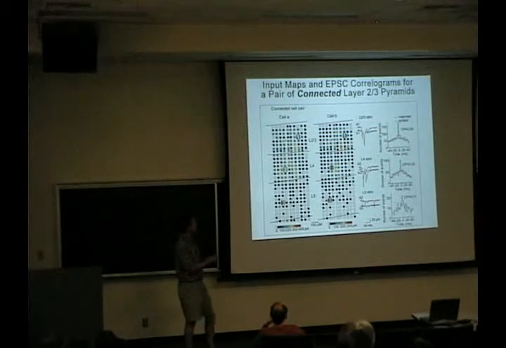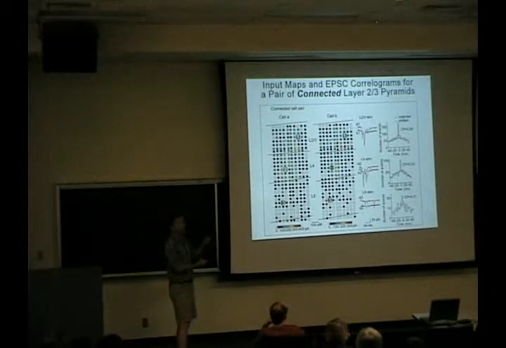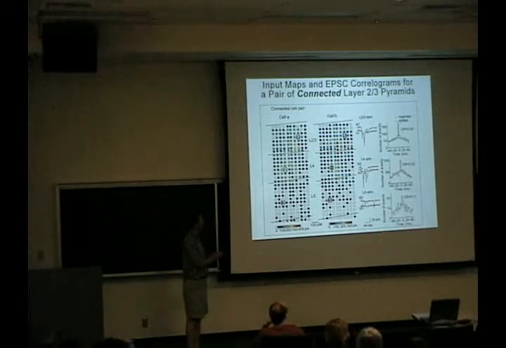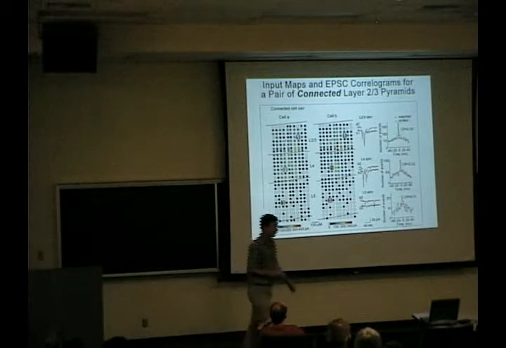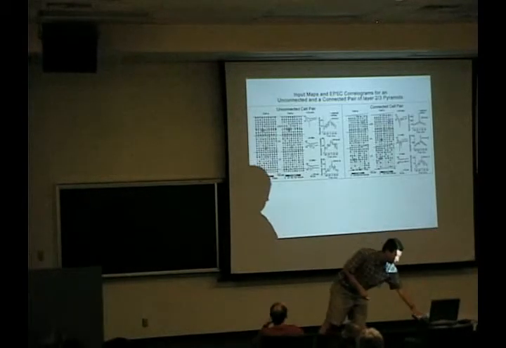So these cells share about 30%: 30% of the cells that connect to one cell also connect to the other cell. This is what we see when there are connected cell pairs, and that's true both for layer 4 and layer 5.